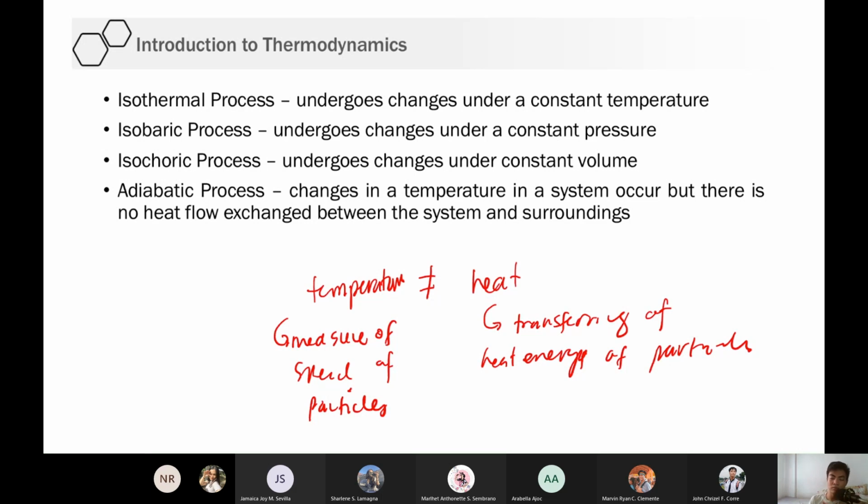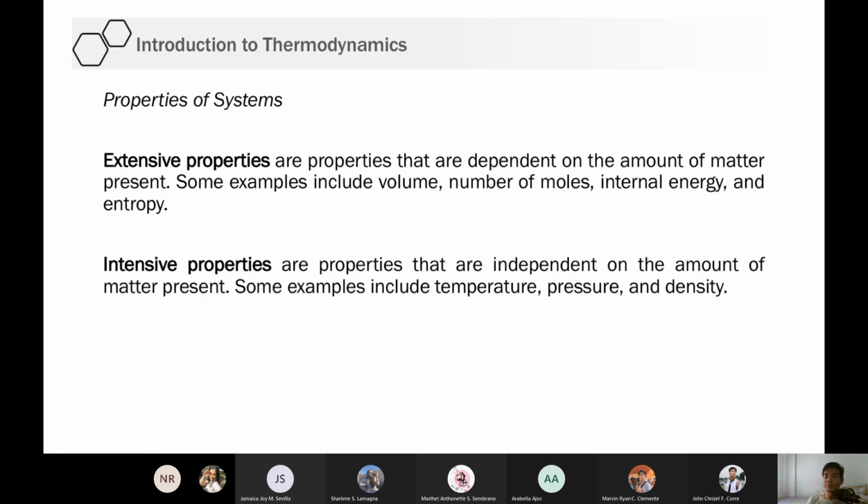Isochoric, constant volume changes or processes, and we have adiabatic process. Ito yung mga changes in temperature without any heat flow. Okay, so nangyayari to sa mga thermos, sa mga cooler. Okay, so yan.